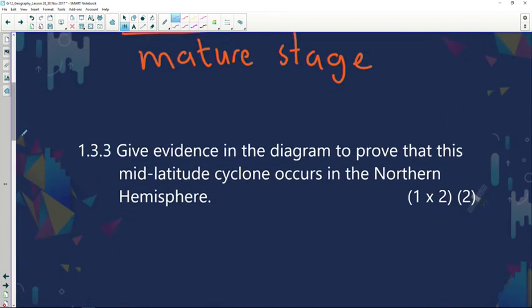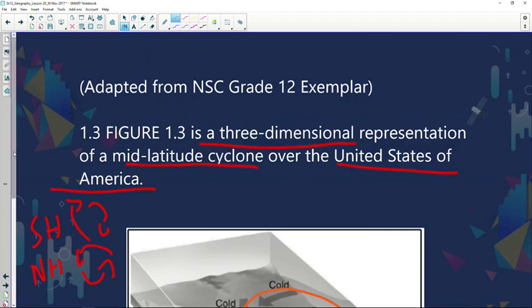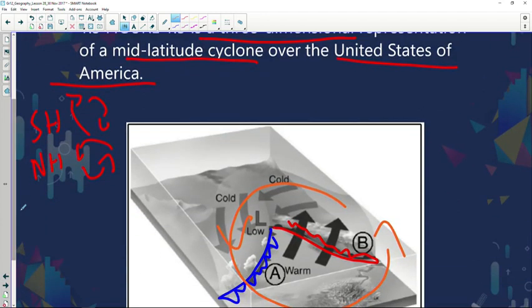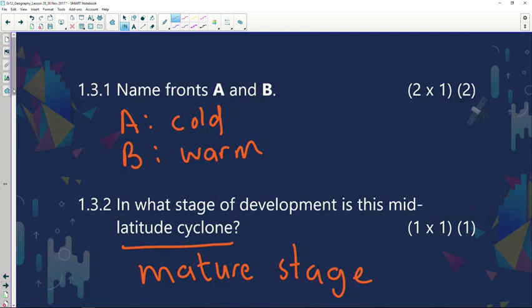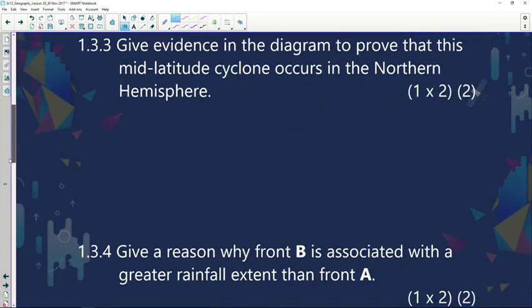Give evidence in the diagram to prove that this mid-latitude cyclone occurs in the northern hemisphere. Now I've already shown you this. As you can see, it moves in an anti-clockwise circulation. So that's our first piece of evidence. Just want to write down there, anti-clockwise circulation.